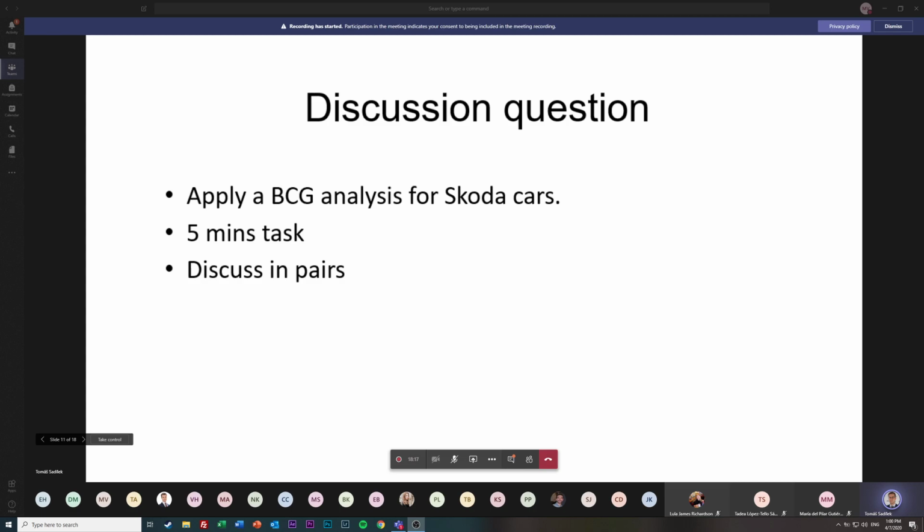So you mentioned the Skoda Octavia as a star. Okay. So definitely, if you take a look over the market growth rate and over the relative market share, the Skoda Octavia could be definitely the example of stars or a product of a star.